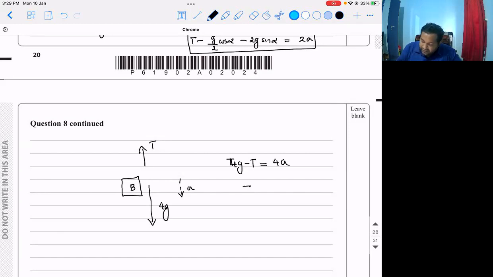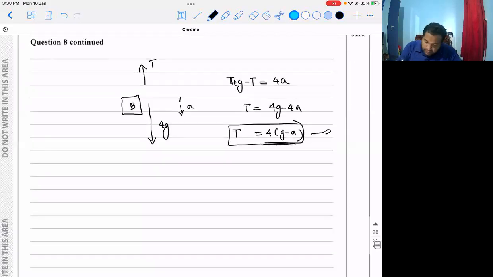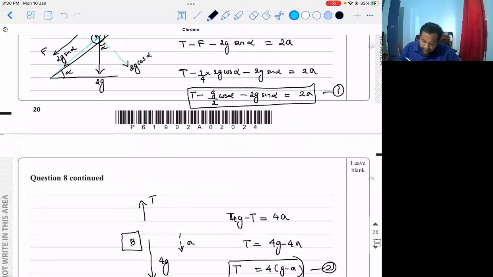So the value of tension is T equals 4 times (g minus a). This is equation number 2, and we have already derived equation number 1.